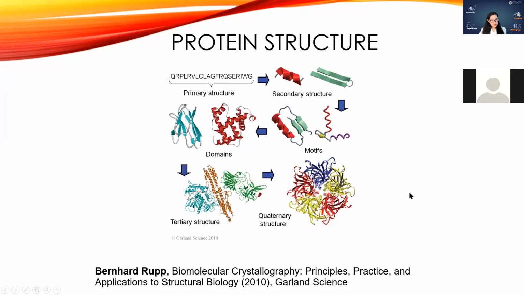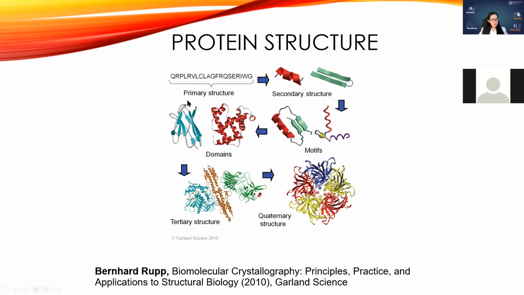I think I have covered this in the bioinformatics class before, but I need to remind you of all these concepts again so that you can quickly grasp the concept of structure-based drug design from the structures.